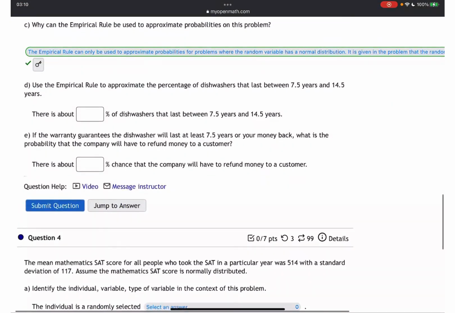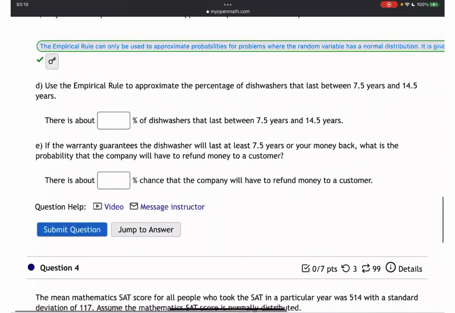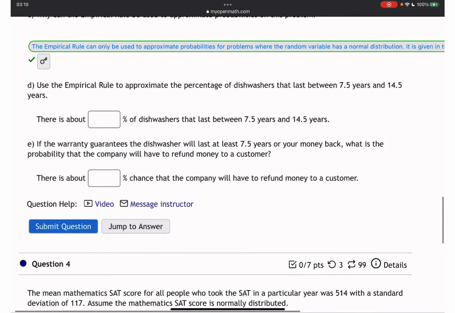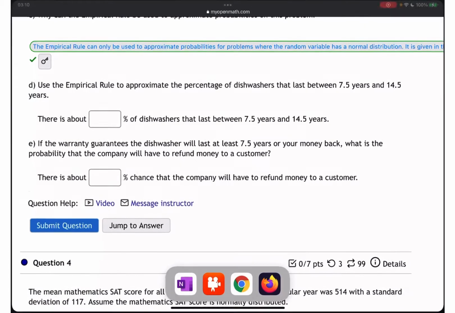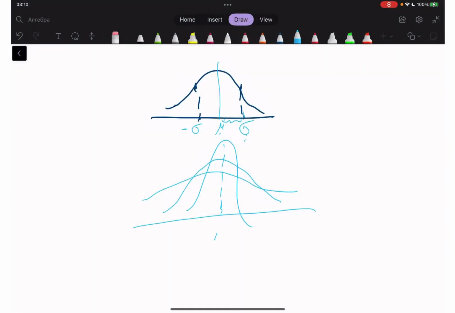Okay, we are good. So next question: use the empirical rule to approximate the percentage of dishwashers between 7.5 and 14.5. So what is the empirical rule? Remember?